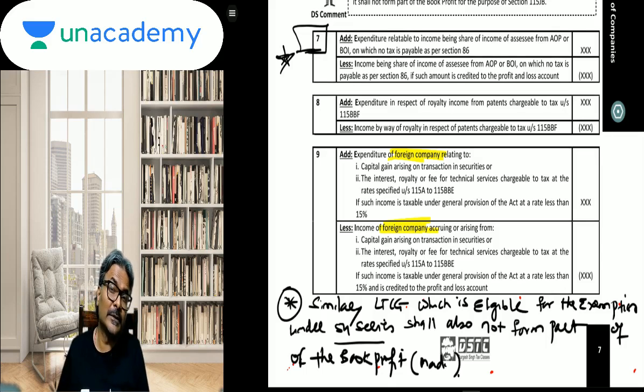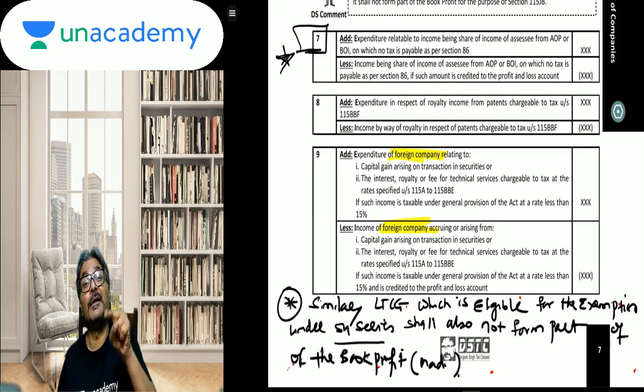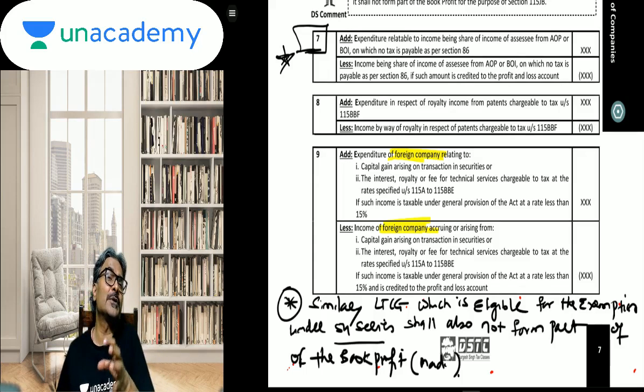At the time of taxability of royalty income for both non-resident as well as resident, this opportunity came wherein we discussed 115BBF, the royalty income earned by a resident who is the first and true inventor of that patent. Then that royalty income would be charged to tax under the normal provision at a gross rate of 10%.